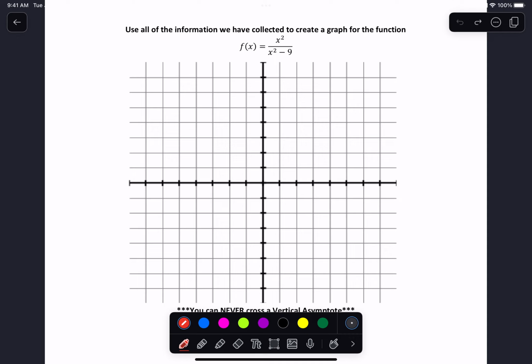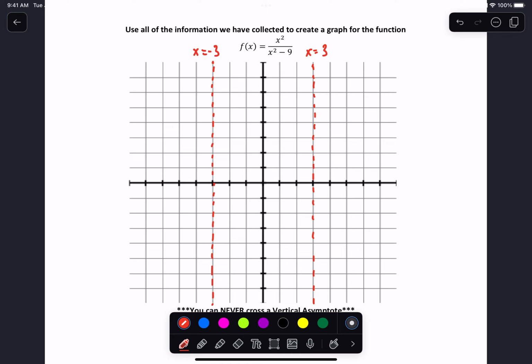Here, I'll thicken that up. Everybody okay so far? That's how you would graph a vertical asymptote.